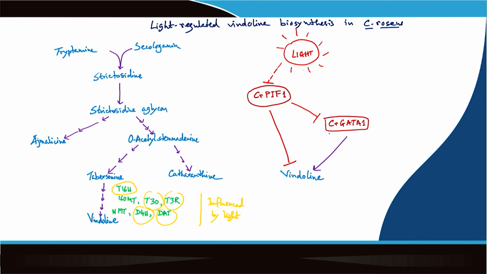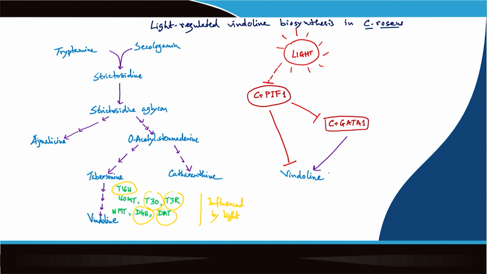PIF1 suppresses CrGATA1, but it is degraded by light and thus releasing CrGATA1 to activate the indole pathway.